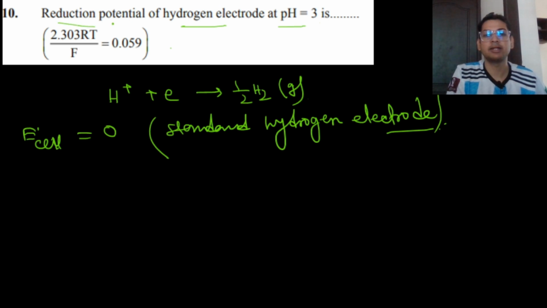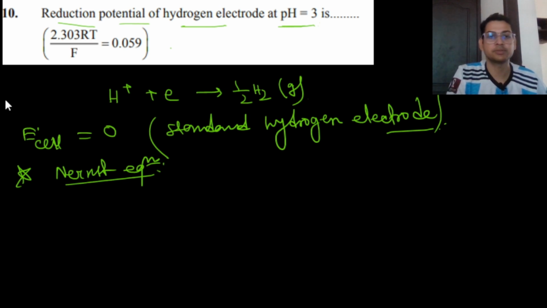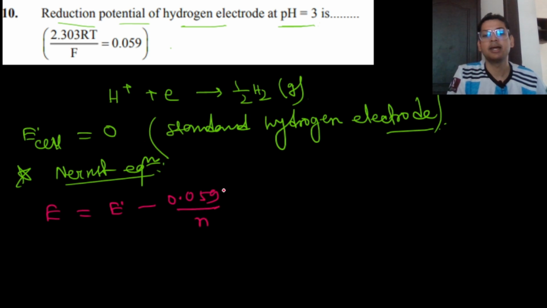But they are asking for the reduction potential at pH 3. So for that we have to use the Nernst equation. Okay sir, let me use the Nernst equation, no problem. What is the Nernst equation? E equals E naught minus 0.059 by n log of product by reactant.